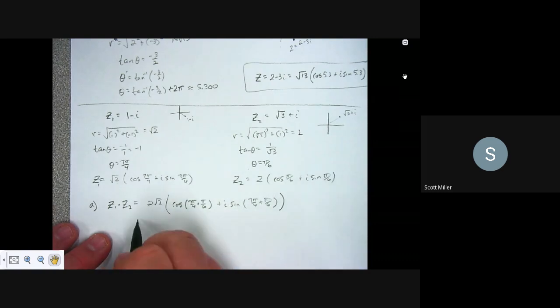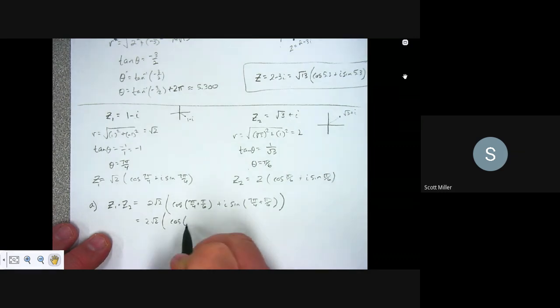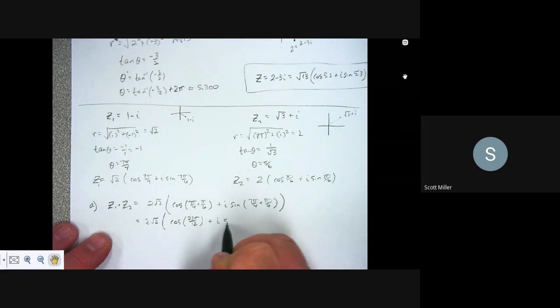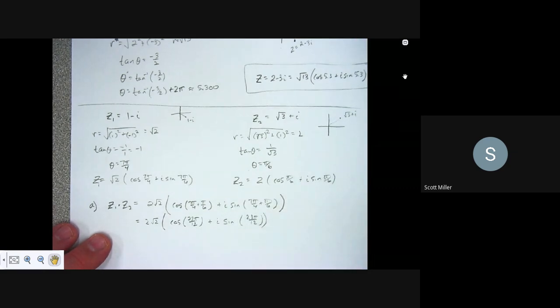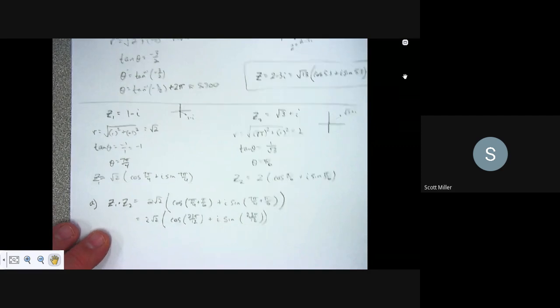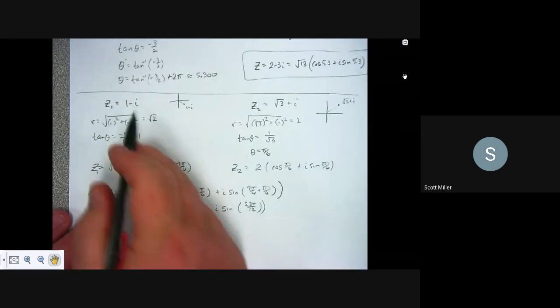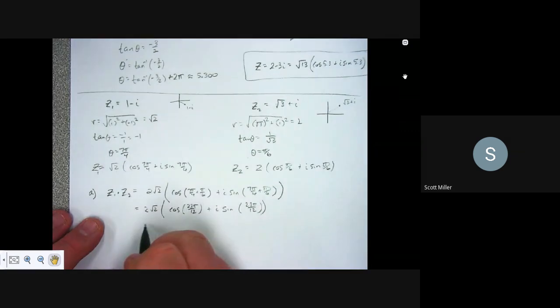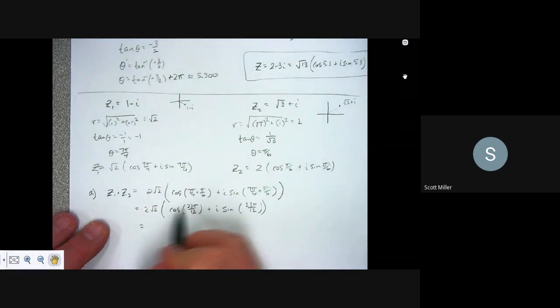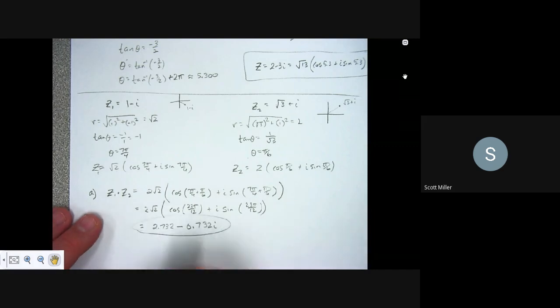Add the fractions. And then we put it back into regular form. You'll use a calculator, figure this out, times it by that. Round it to 3 decimal places. And there you go.